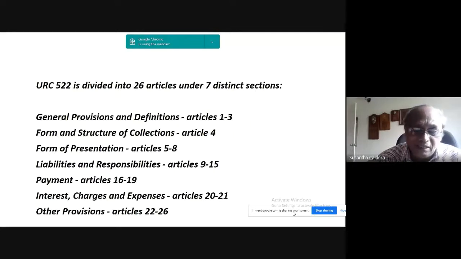Learning URC is much easier than UCP. UCP articles are here and there mostly, but URC is very methodical. General provisions and definitions, Article 1 to 3. Form and structure of collections, Article 4. Form of presentation, Article 5 to 8, like that.